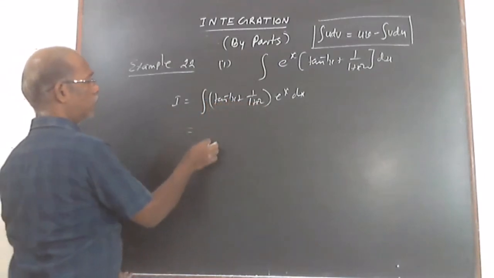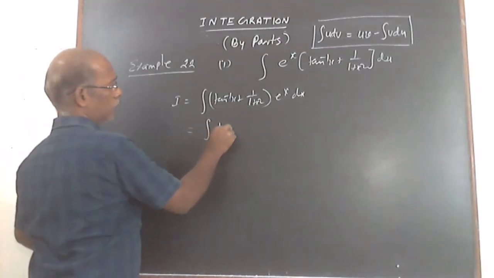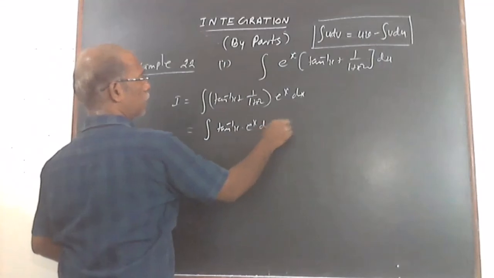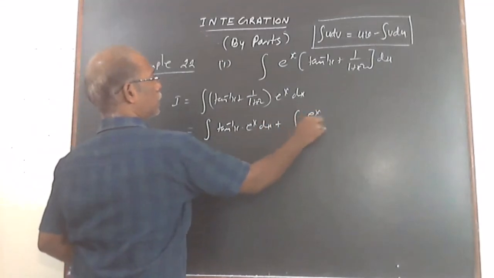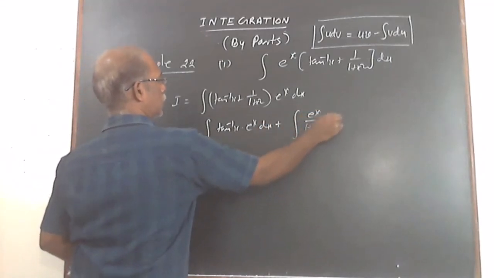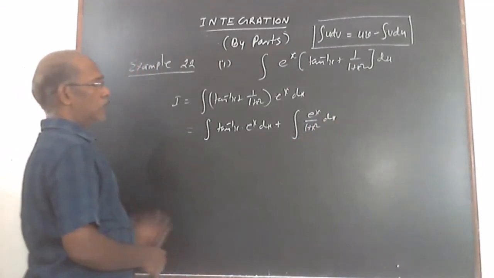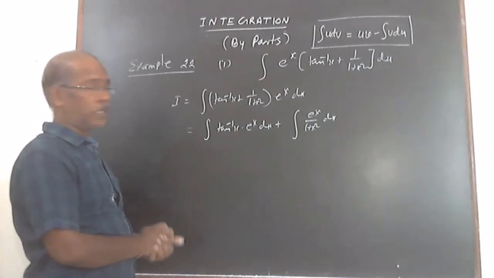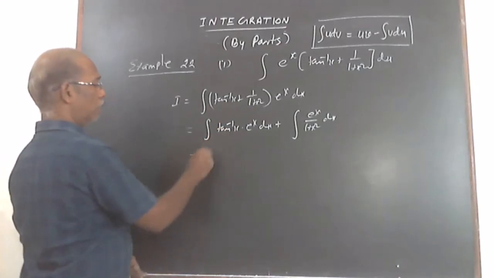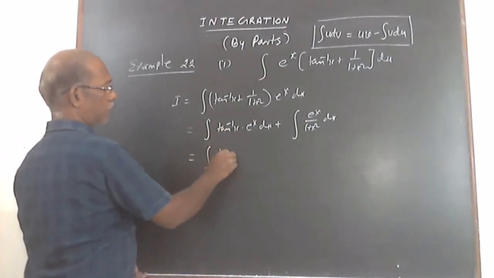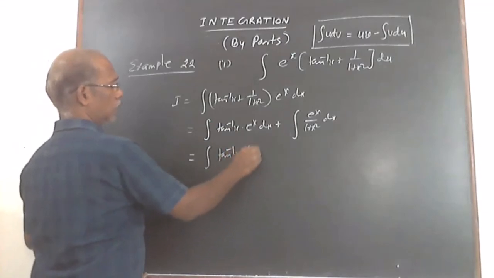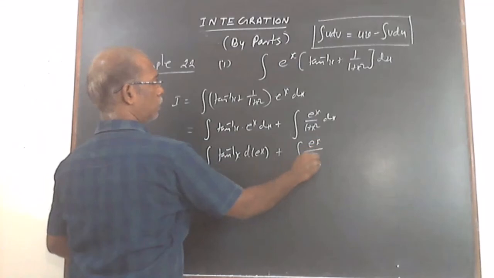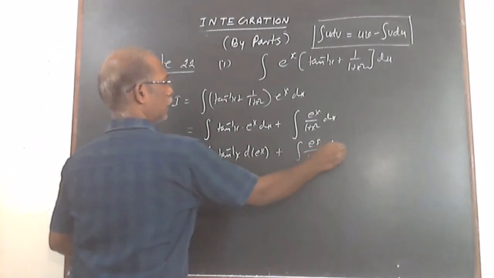So we have to separate into two integrals: tan inverse x into e power x dx, plus e power x by 1 plus x square dx. As we derived in the previous theorem, we should follow the same procedure. Tan inverse x should be taken as the first function because of the inverse, d of e power x, plus e power x by 1 plus x square dx.